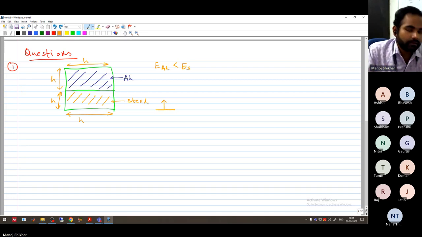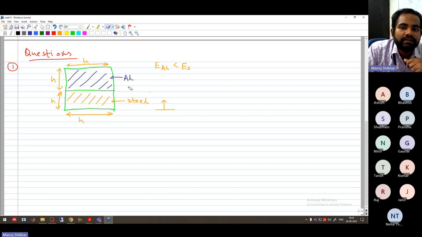Now, how do we proceed with this problem? First of all, while looking at this problem, you should realize that though the cross section is symmetric, we cannot directly say that the neutral axis will lie at the center of this cross section.